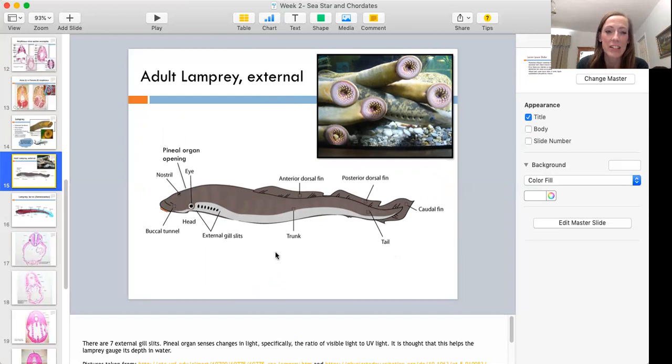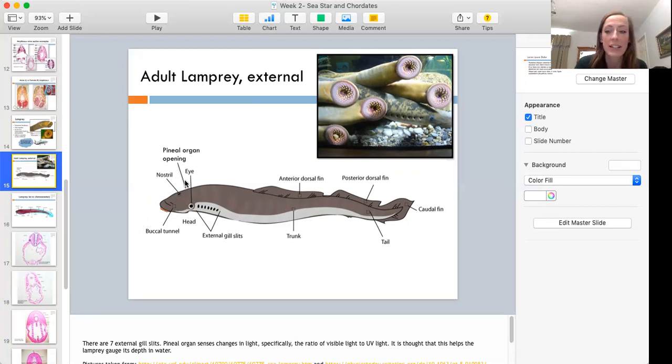If you look at the outside of the lamprey, you can see some other anatomical structures as well. At the head, at the mouth region, we've got the buccal funnel. This should be buccal funnel, not buccal tunnel. Buccal funnel is its mouth region. Inside are the teeth. If you look on the top of the head, it's got a nostril. Behind that is a pineal organ opening.